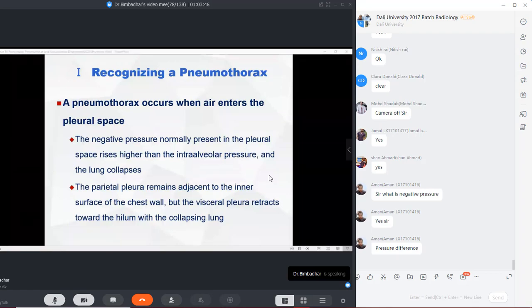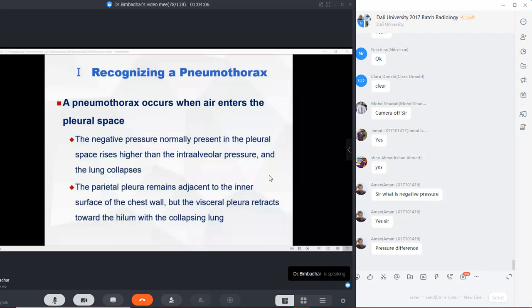But if this pressure is completely gone, the air that is present inside the lungs will escape into the pleural cavity. Did you understand this?